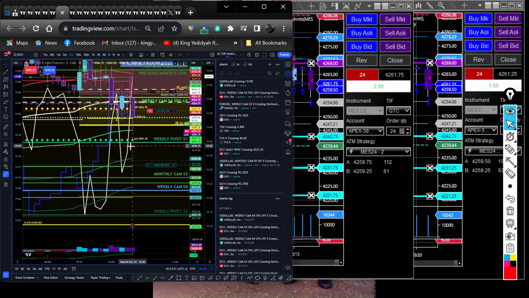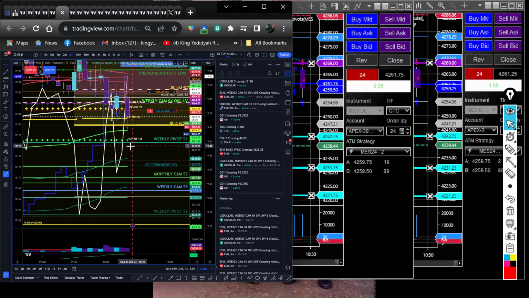At this point, this is one of those trades where I gotta just sit and let it play out. If it does come back to hit my stop, then it's gonna be a big red day, so I just gotta let it play out.